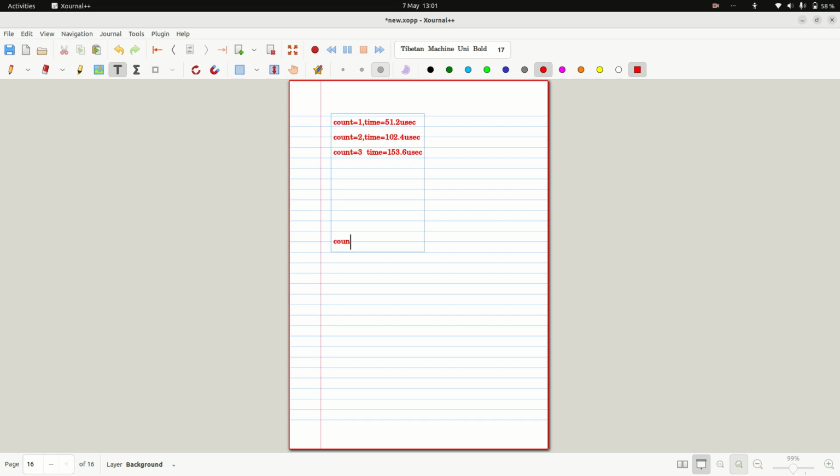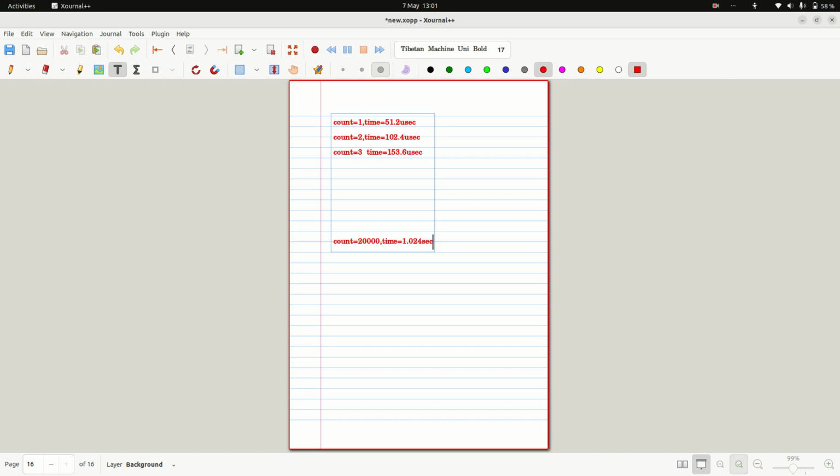When count equals to 20,000, time equals to 1.024 second. See, now you got approximately 1 second, isn't it? Approximately achieved 1 second.